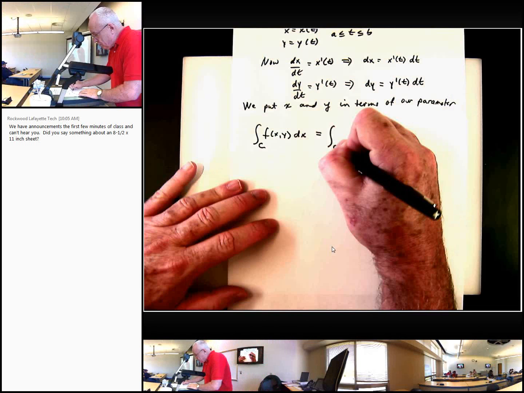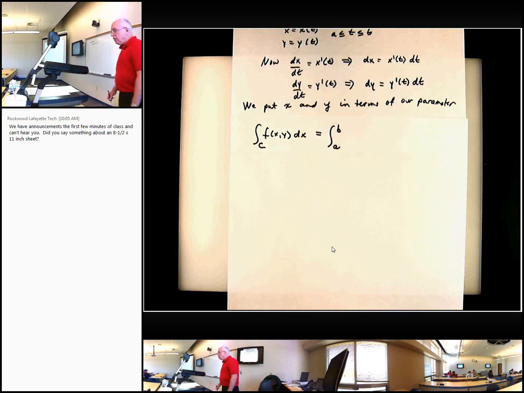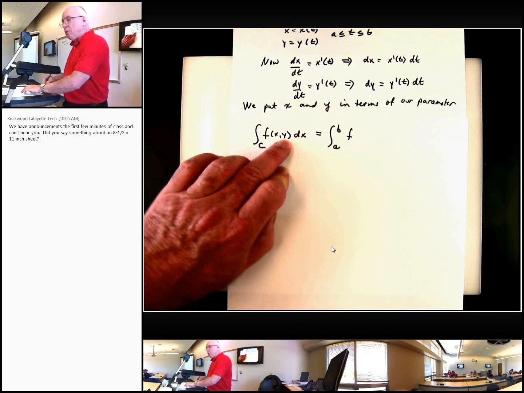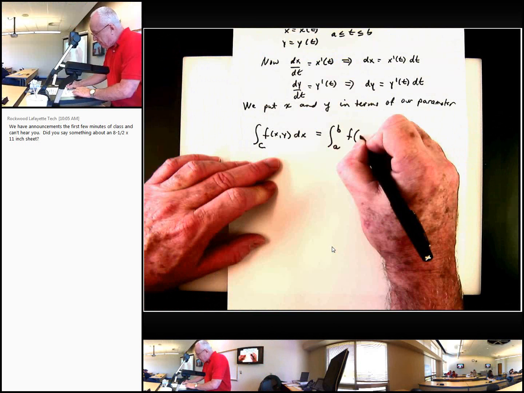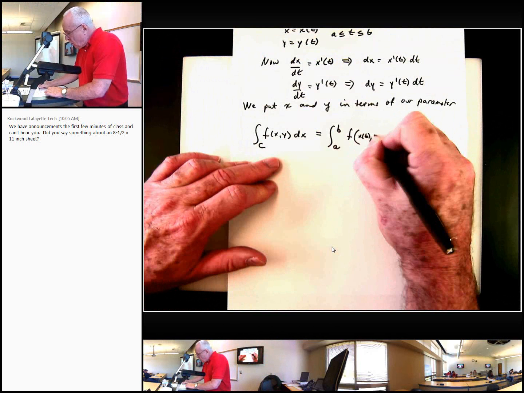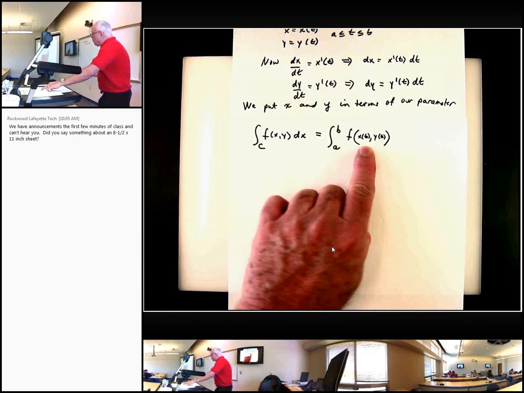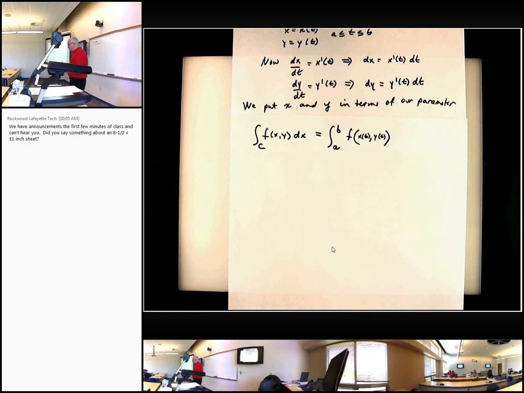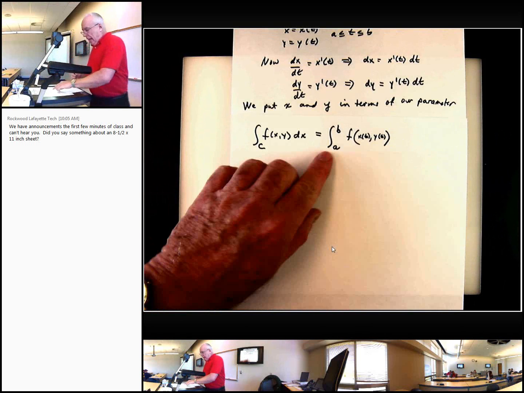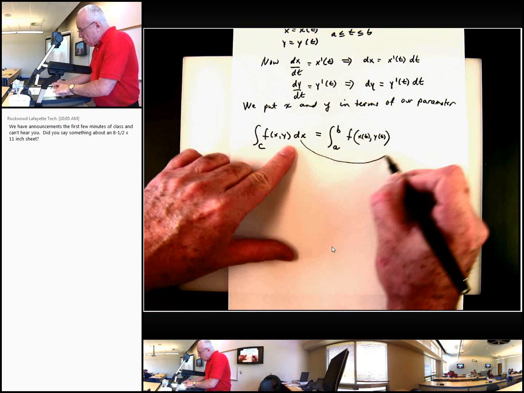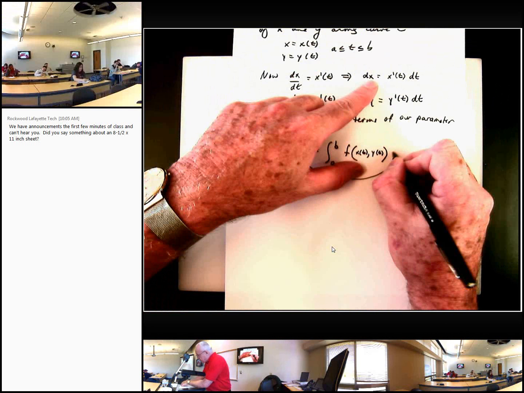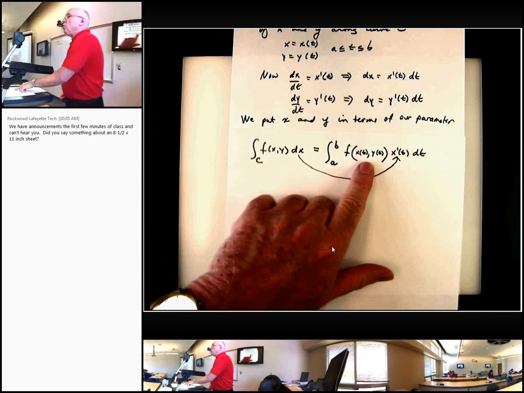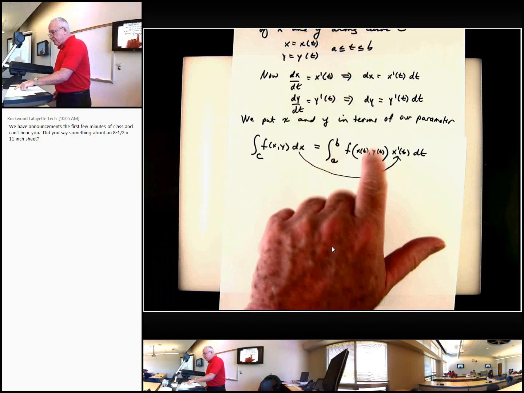Okay, we're going to integrate from a to b, whatever our parameter limits are. We are going to be putting x and y in terms of our parameters. So I'm going to write this as f of x of t and y of t. And all that notation here means is that I'm plugging what my parameters equal into my function. All right? And then instead of writing dx, we're going to write what it equals, which is x prime of t dt. This we can work with, okay, we can figure this out.